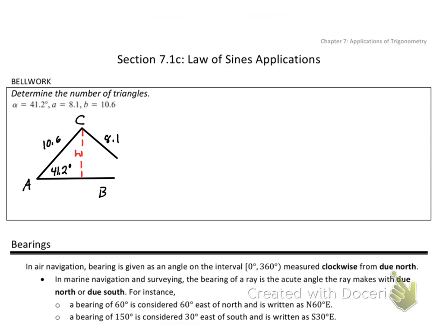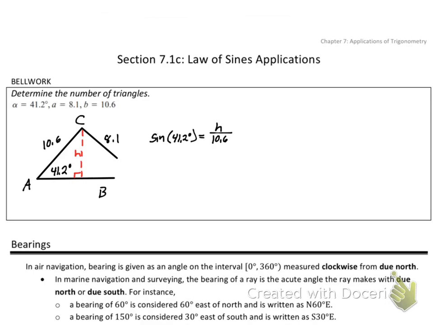And we're going to note, once again, that this is a right triangle that's formed by the height. So we can use SOHCAHTOA. Now, which one am I going to use if I want to have an opposite and a hypotenuse involved? Am I going to use sine, cosine, or tangent? I'm going to use sine. Yep. So we're going to use sine of 41.2 degrees is going to equal the opposite, which is our h, over our hypotenuse, which is 10.6.